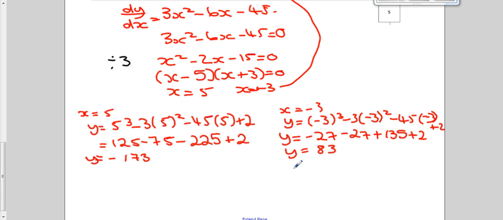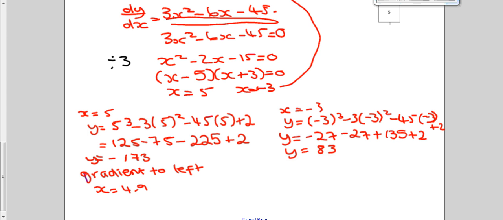a maximum and which one is a minimum. So we need to test the gradient at each point. So for x equals 5, the gradient to the left, so this time that will be at x equals 4.9. So we need to substitute that back into here, which is our equation for the gradient.